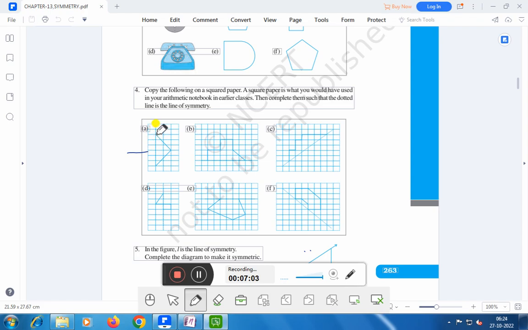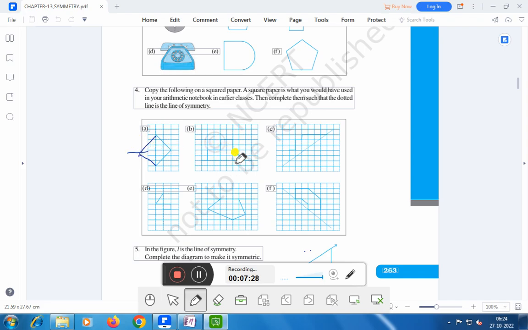And this line, right? This is the line of symmetry, and these are two equal halves.